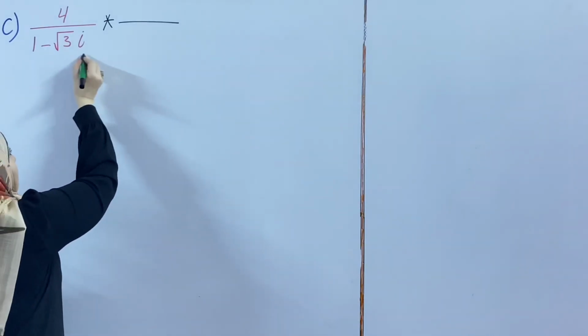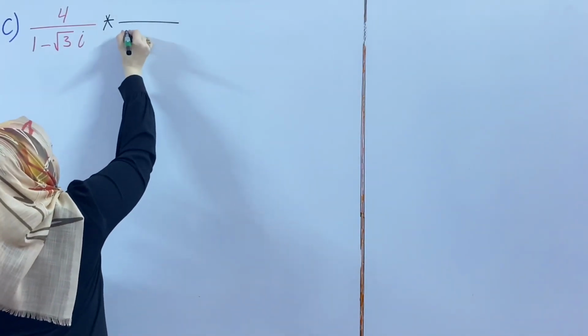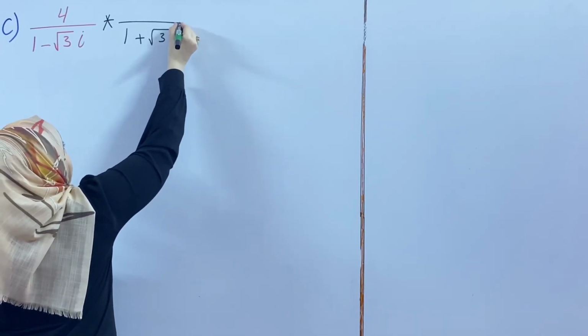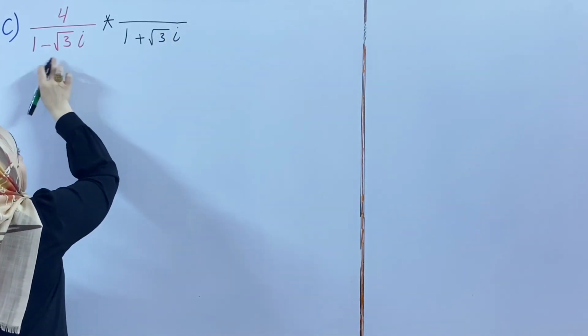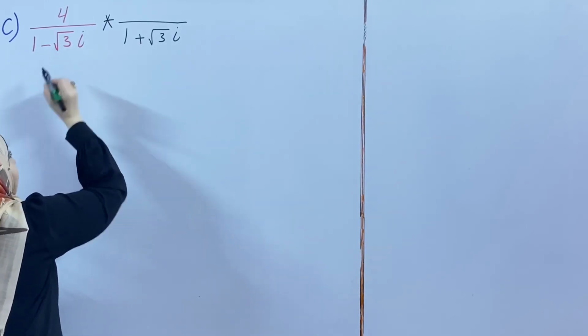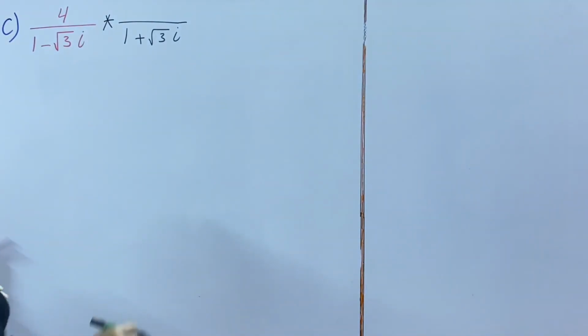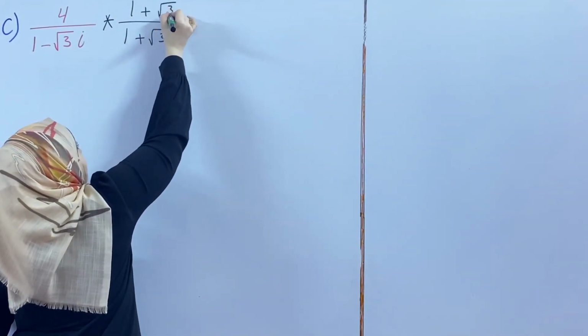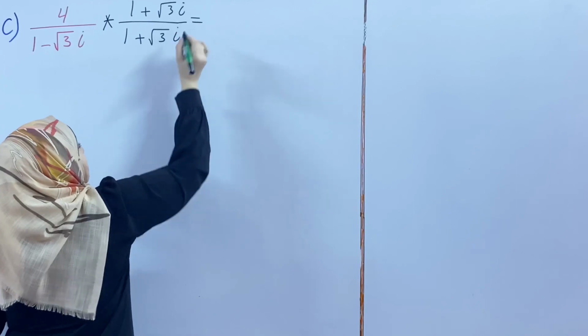So the conjugate of this complex number is 1 plus square root of 3i. The same terms, but here we will change the sign of the imaginary part. So here also we have 1 plus square root of 3i.